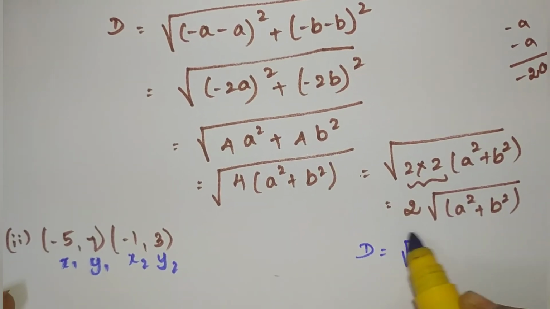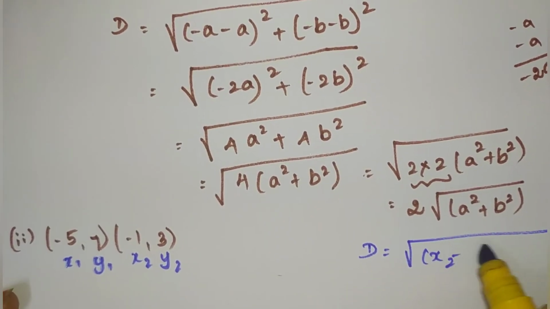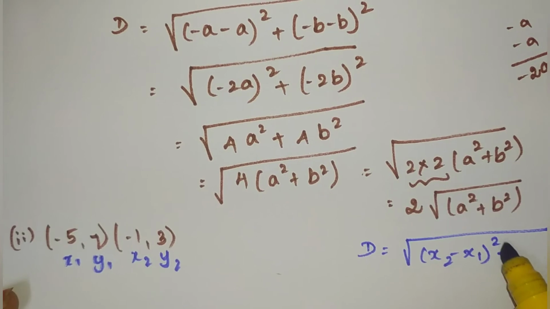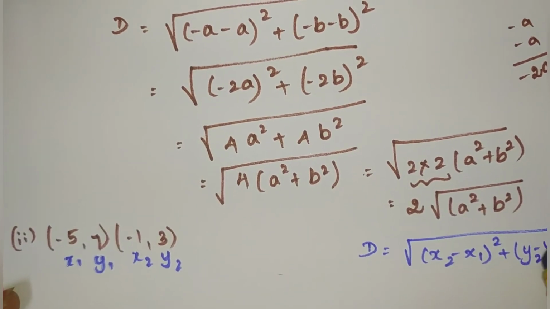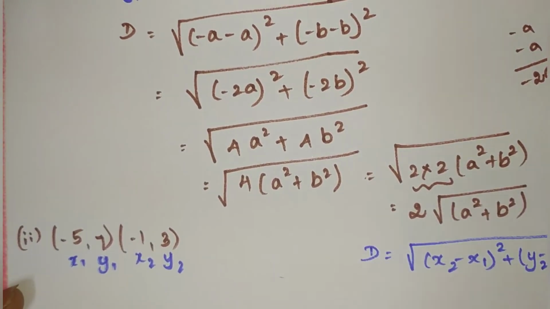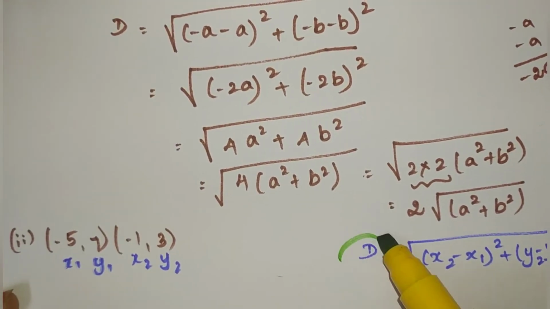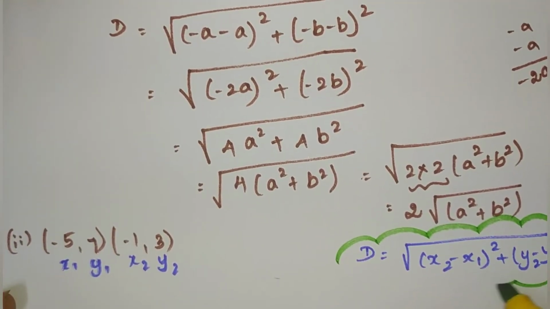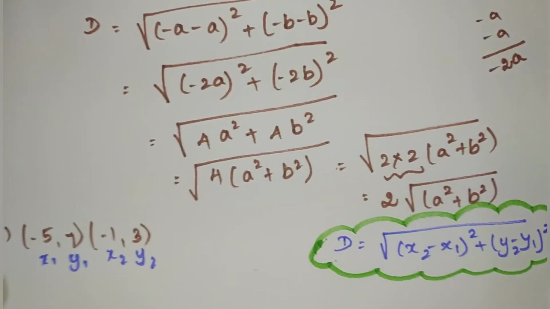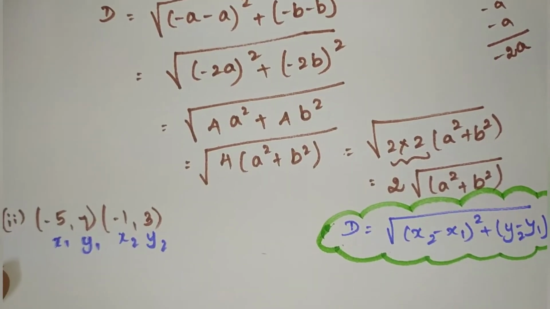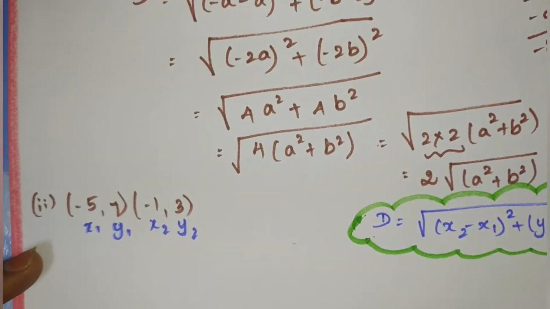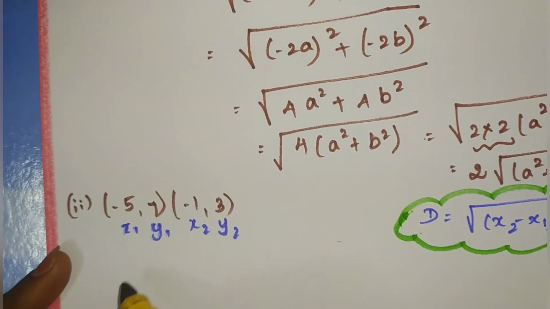D is equal to root of x2 minus x1 the whole square plus y2 minus y1 the whole square. Okay, write the formula. And then substitute the values of x1, x2, y1, y2 in the formula.